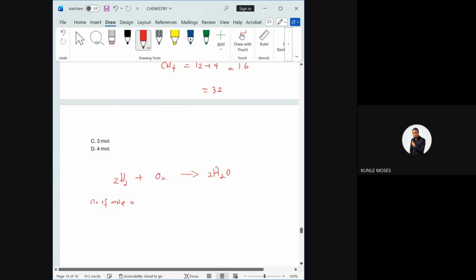Number of moles for, let me say, oxygen. Let's say they gave us 2 moles. Sorry, my system is very slow. That's why I want to restart my system. They now ask us to find the mass of hydrogen.